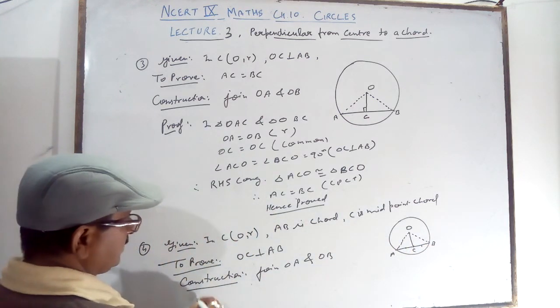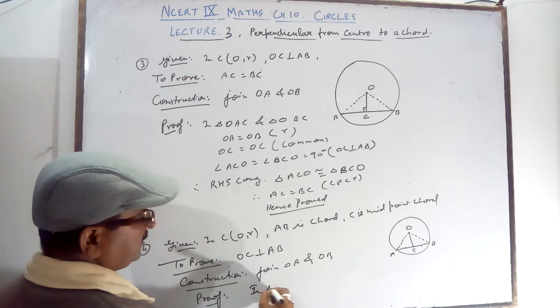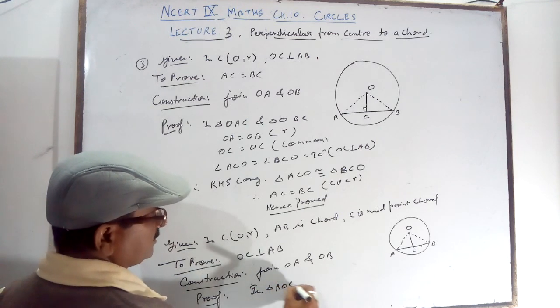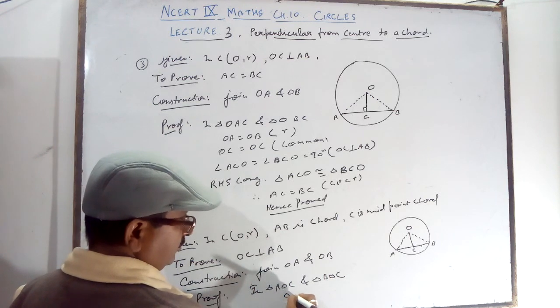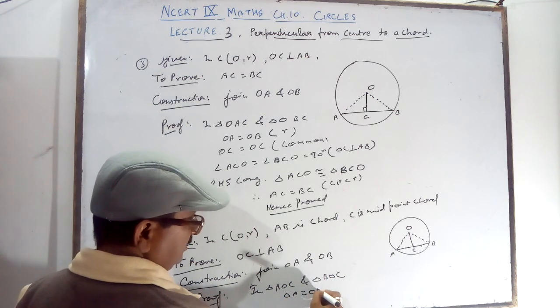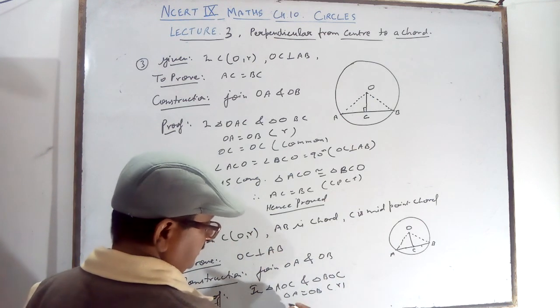Again you will take these two triangles. Proof. In triangle AOC and triangle BOC, OA is equal to OB by the radius of the circle.